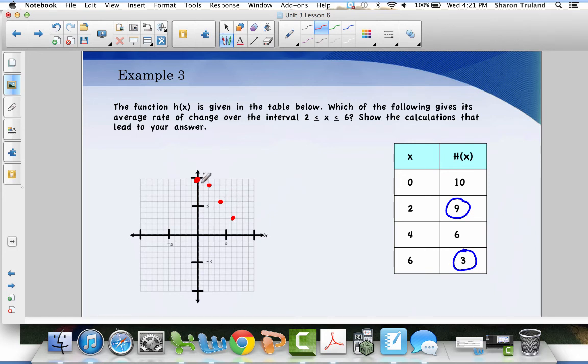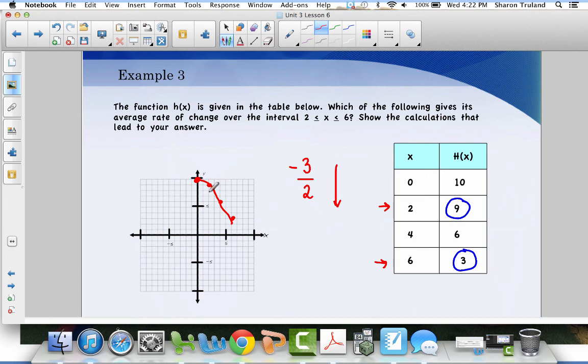Notice what's happening to my graph. It's going down as I plot these points. And if we remember, our rate of change we figured out to be -3 over 2. So do you see what the negative signifies? The negative signifies that we're going down.